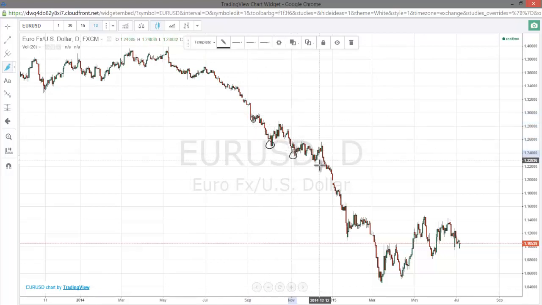It's lower and lower, and lower and lower. But as well as that, every time it makes a high, it is also lower than the previous high. And when that happens, the market is trending down.